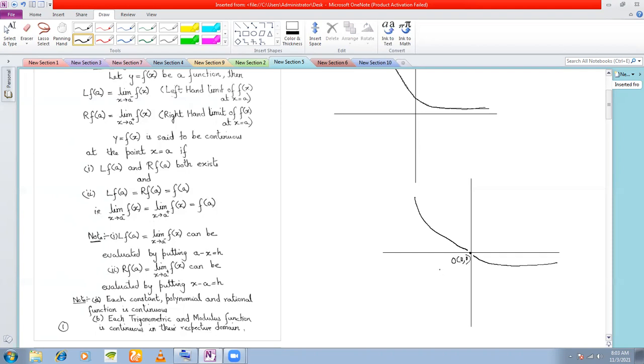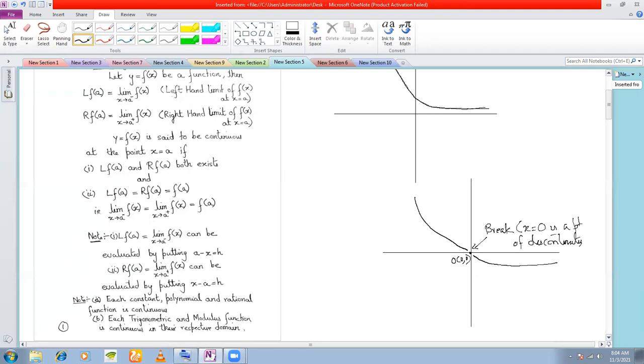That means for that particular x, there is no y. So this means that there is a break in the graph. In such a case, this point is called a point of discontinuity. x = 0 is a point of discontinuity.